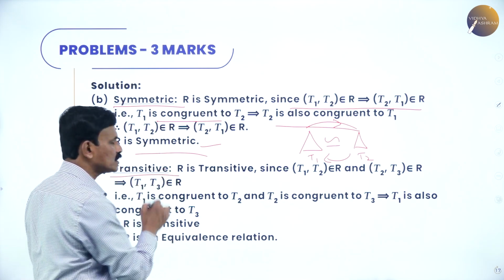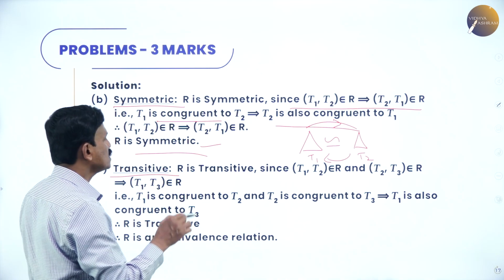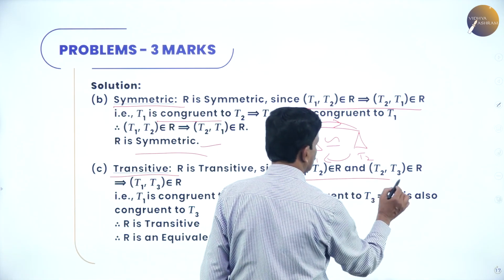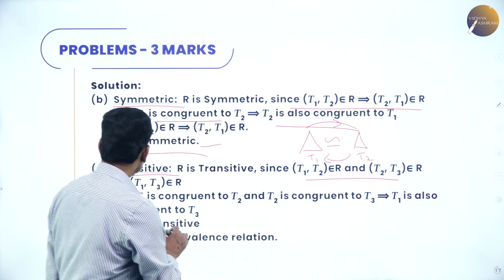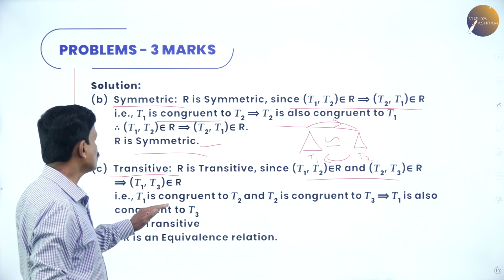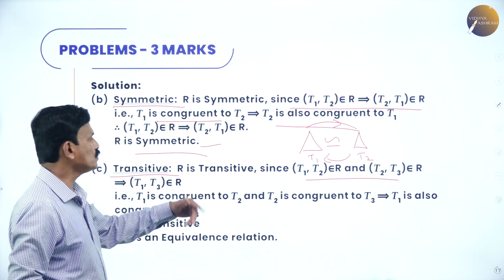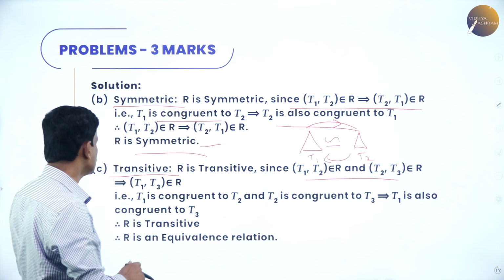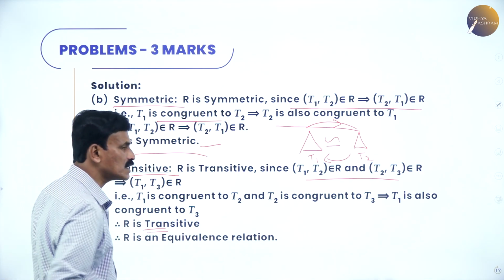Now, let us come to the transitive property. Here R is transitive since T1 comma T2 belongs to R and T2 comma T3 belongs to R implies T1 comma T3 also belongs to R. That is, if T1 is congruent to T2 and T2 is congruent to T3 implies T1 is also congruent to T3. Therefore, R is transitive.